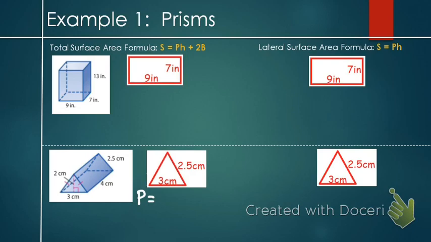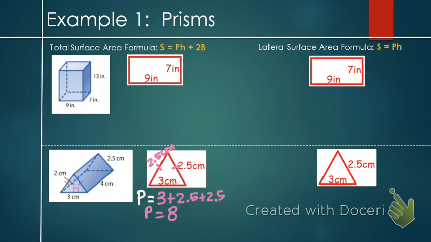So we have 3 plus, if that side's 2.5, we have 2.5 centimeters on the other side. So 3 plus 2.5 plus 2.5. Our perimeter of our triangle, we get 8.